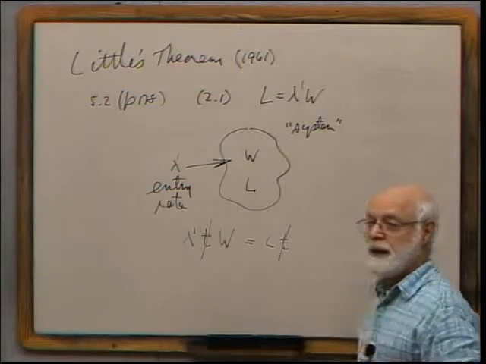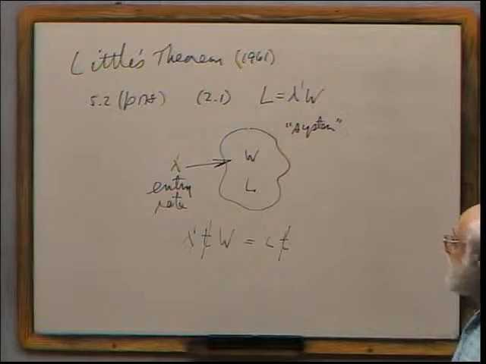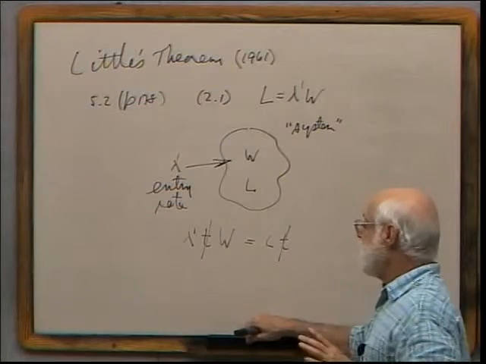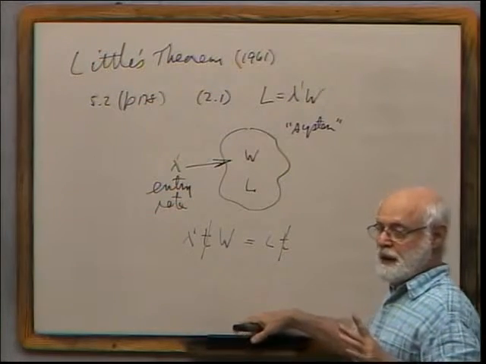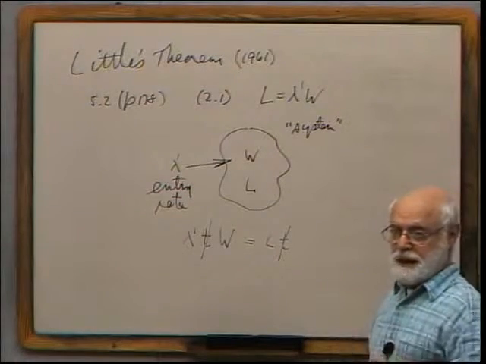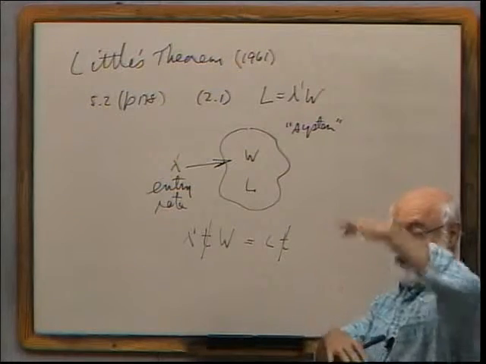Yes? So why are these two equal? Okay, the question is, why are these two equal? The answer is, intuitively, I'm looking at this as being a reservoir. And time is coming in and building up, and time is going out.